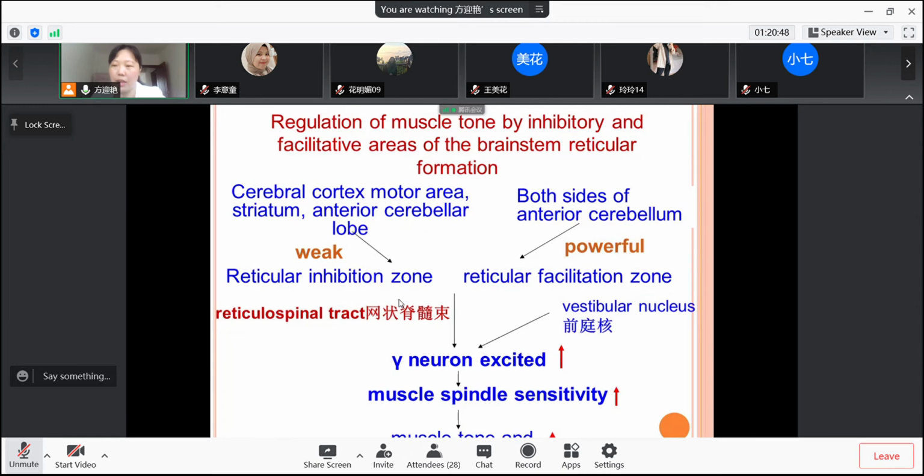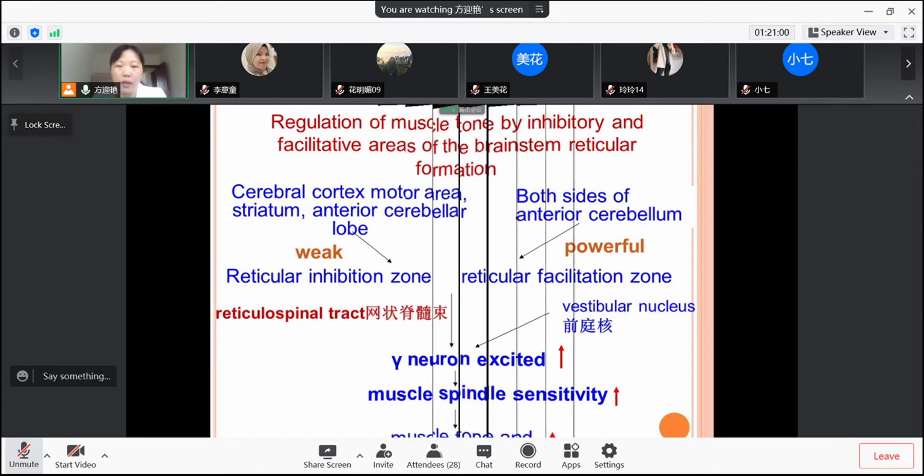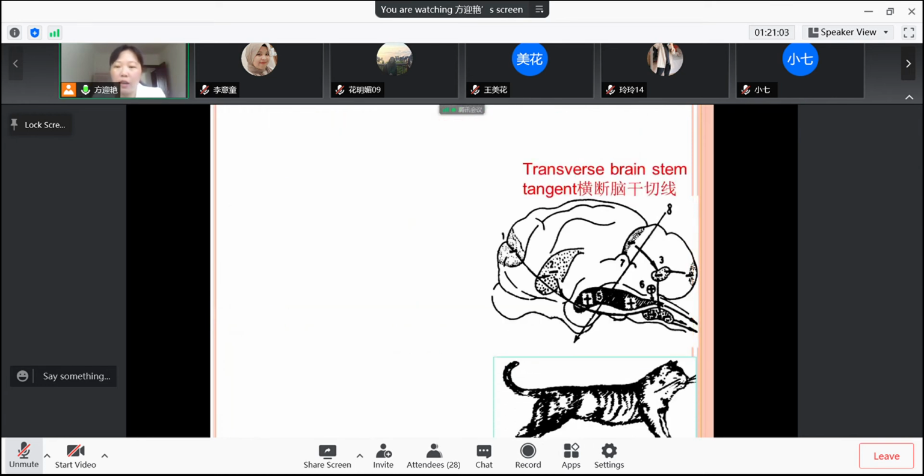This is the knowledge we have from studying physiology, and it is based on animal experiments. In the animal experiment with a cat, we cut at different levels of the brainstem.